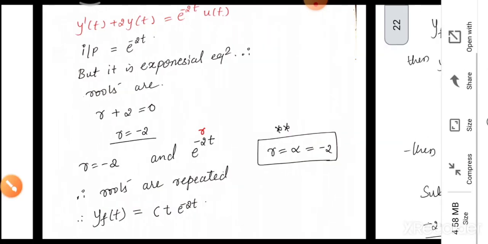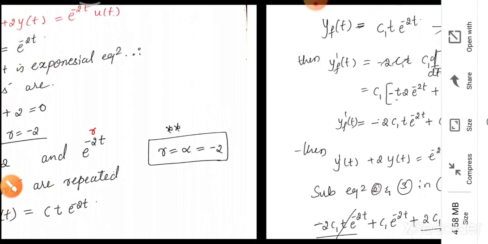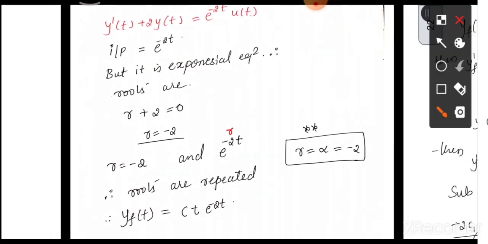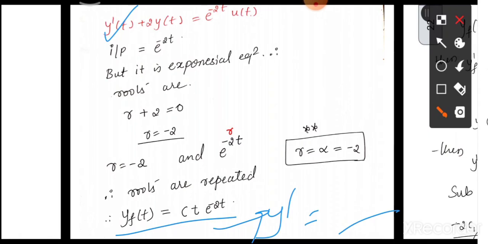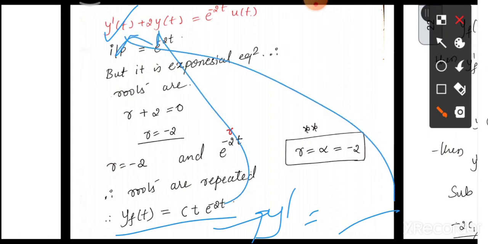Then we follow the same procedure. Once you have got yf of t, we need y dash f of t. So we differentiate this equation, substitute the differentiated equation and y of t into the given equation, and then do a bit of simplification.